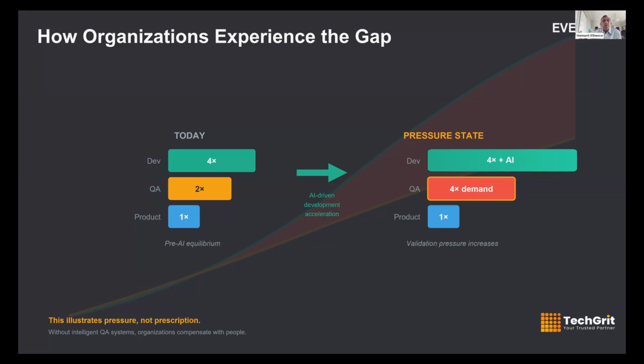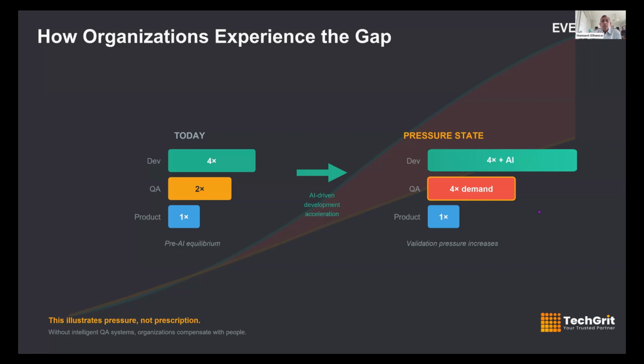Now, what is happening is that with AI, if you look on the right side, the dev productivity or the dev velocity has increased a lot. What it has done is to put a demand on QA, and this demand currently is not being met. And again, I'm talking about that gap.